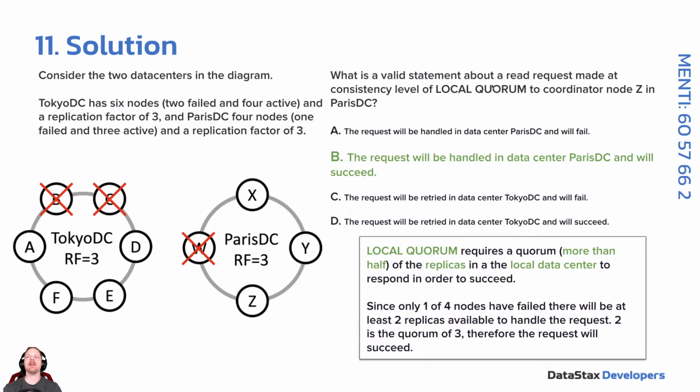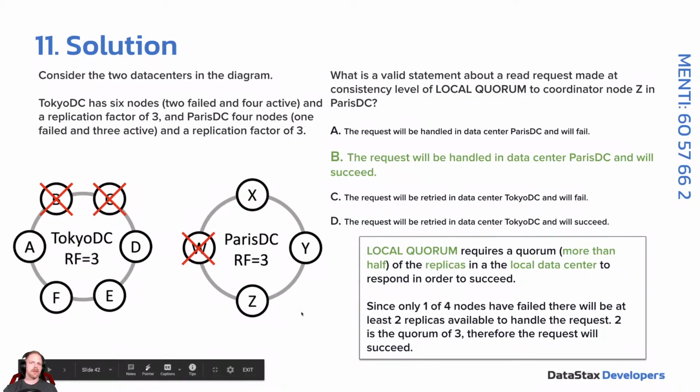Here's the key thing you need to know about consistency level in multiple data centers. Notice that the request is made at a consistency level of local quorum. Local quorum says that I am going to achieve quorum at the local data center, wherever the operation is being sent. I've got two data centers here, and in this case we're talking to the Paris DC, so I'm just going to achieve quorum at the one data center, not across my data centers.